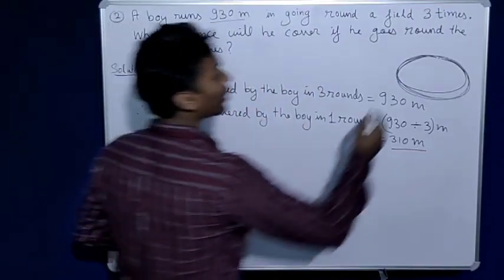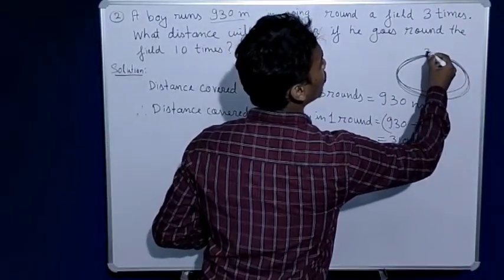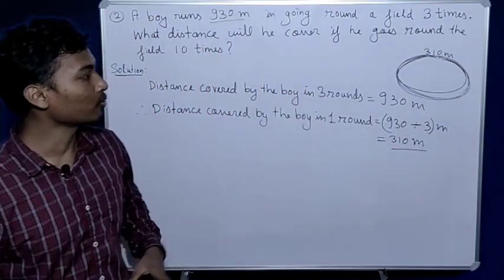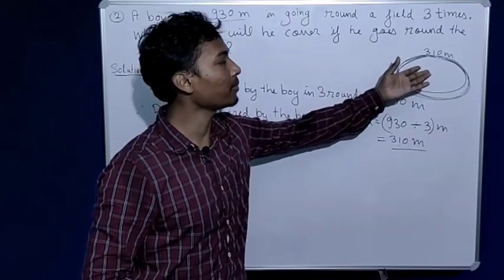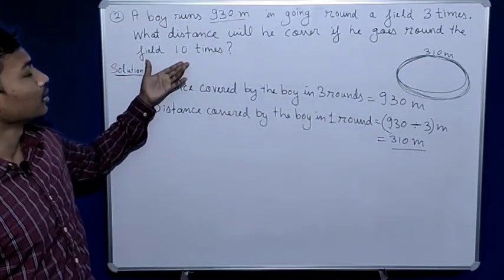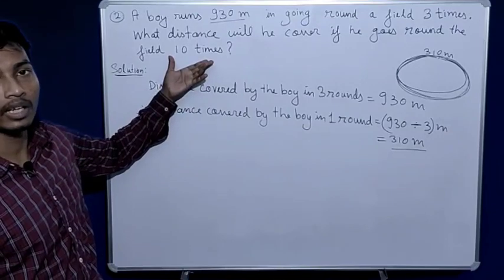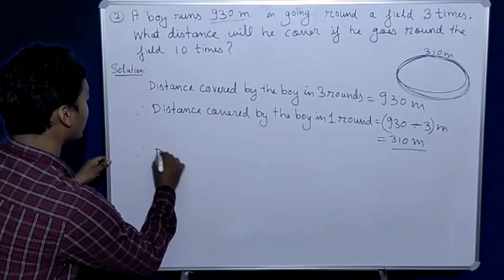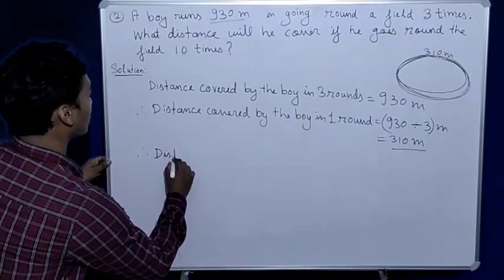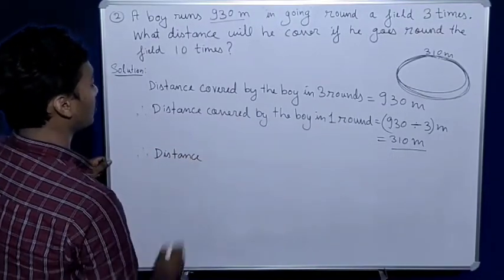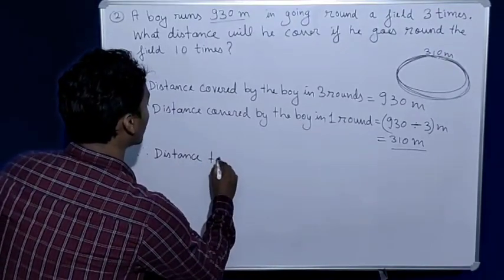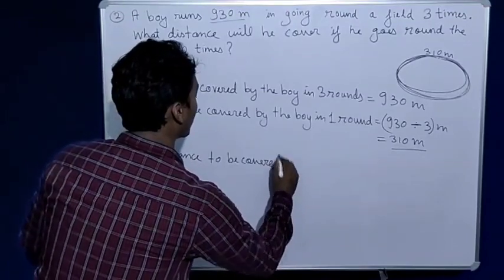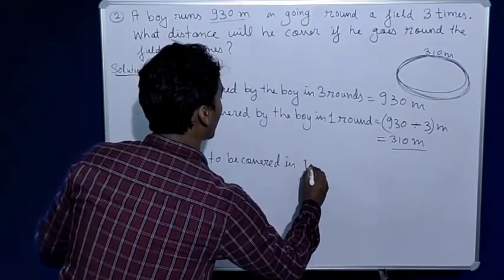So we know that 1 round of the field is equal to 310 meter. Now once we know that, we can find the distance covered in 10 rounds. So let's find, therefore, the distance to be covered in 10 rounds.